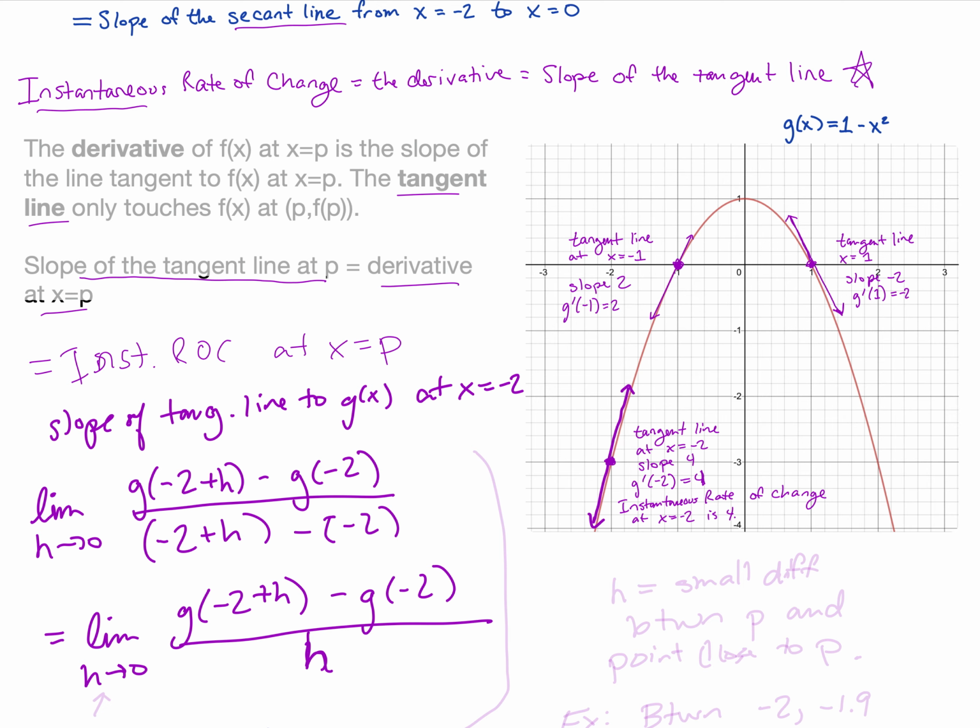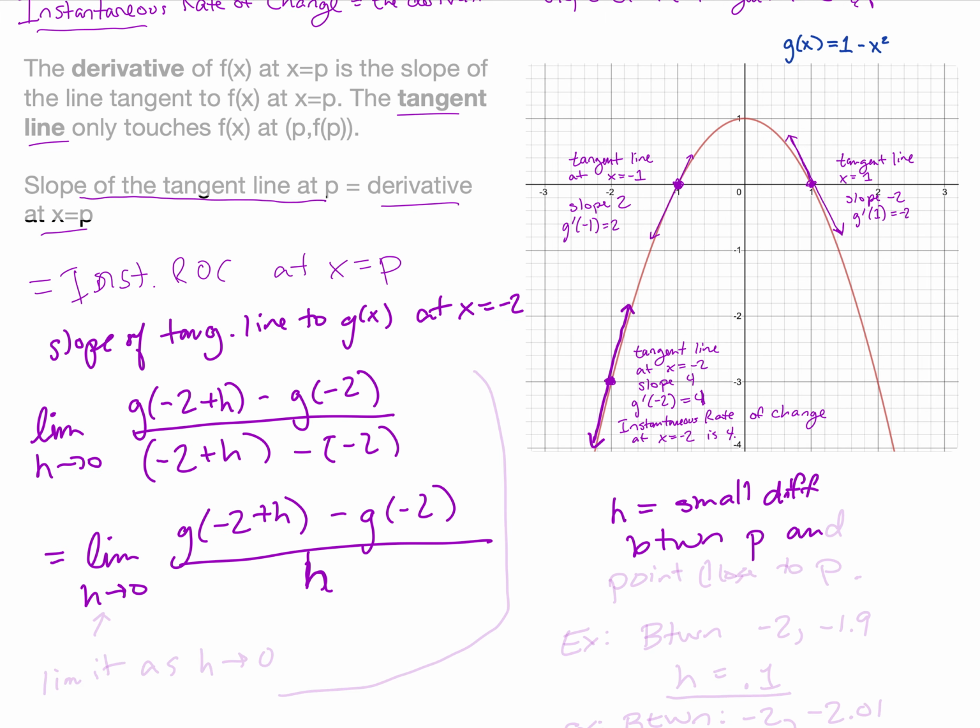What is h? h is the small difference between the point p and the point close to p. So in our example, when we did the line between -2 and -1.9, h was the difference between those. So in that case, h is 0.1.